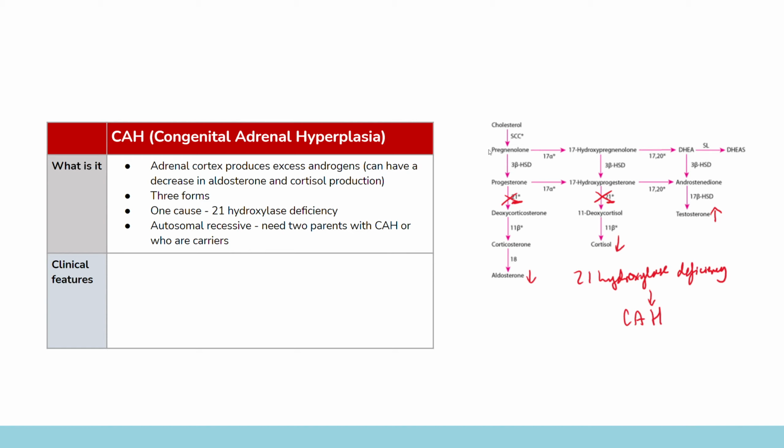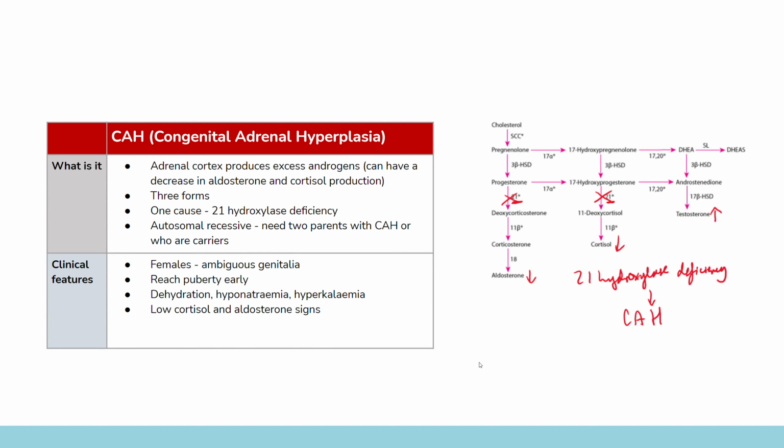So all your cholesterol and all your other substances, they're diverted to this pathway to increase your androgen production. So you end up with high androgens, low aldosterone, low cortisol. This condition is autosomal recessive, so you need two parents with CAH or two parents who are carriers.